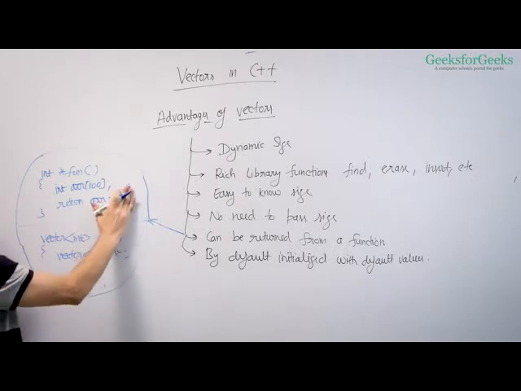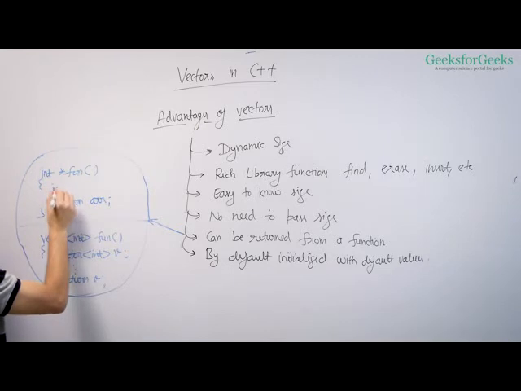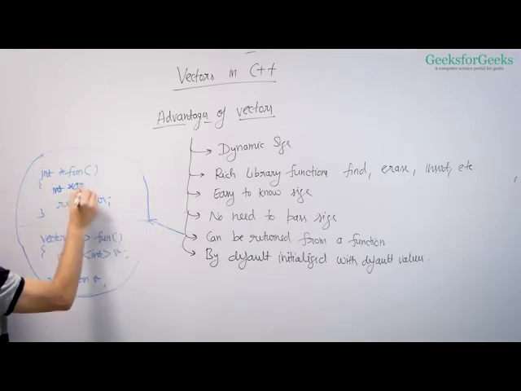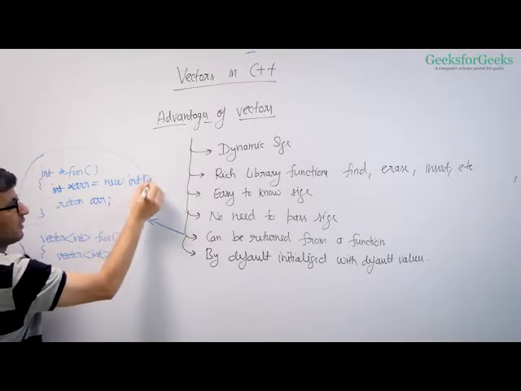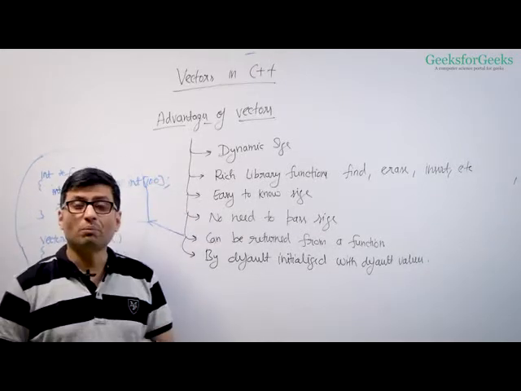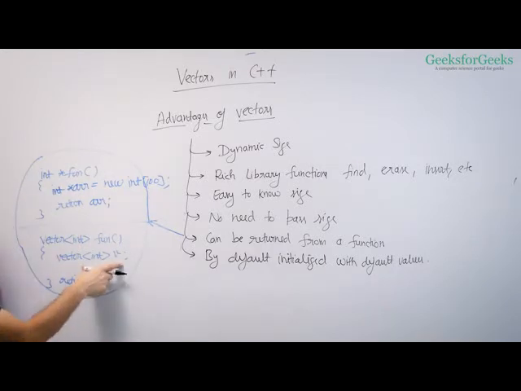So if you're returning a locally created array, it's an invalid program. However, you can return a dynamically allocated array, using new int. That is fine. But in case of vectors, you can simply return a vector. I created a vector here, did some processing, and simply returned it.